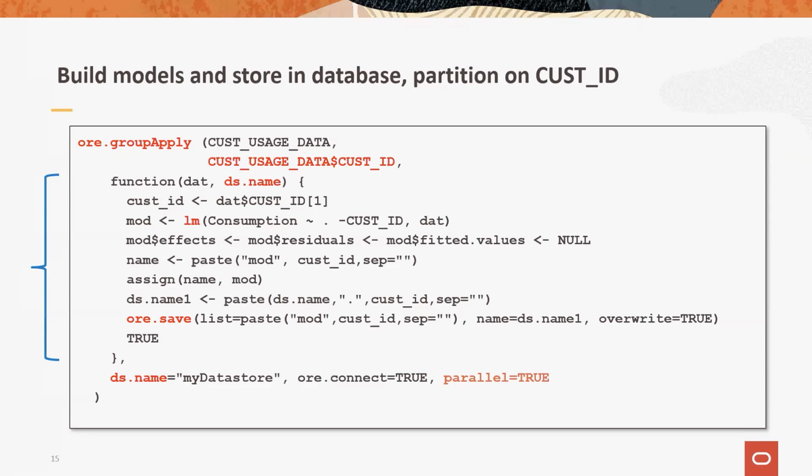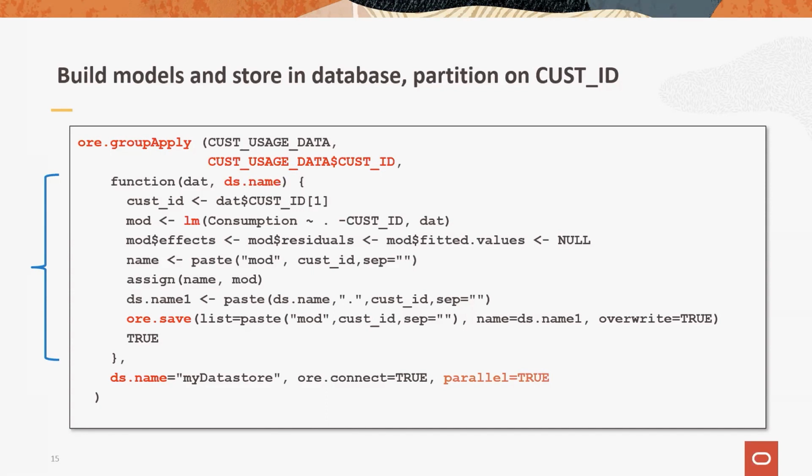Now, how difficult is it to specify something like this? That's quite a process that's being introduced. Well, here's the corresponding R function invocation that allows us to realize this scenario. Using the function ore.groupApply, we pass in our customer data table and that we want to partition on customer ID.